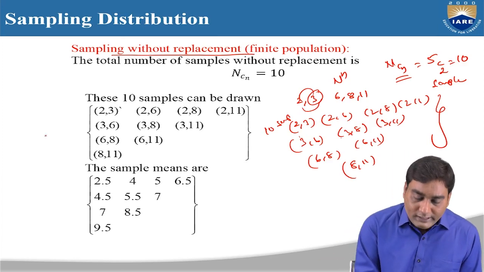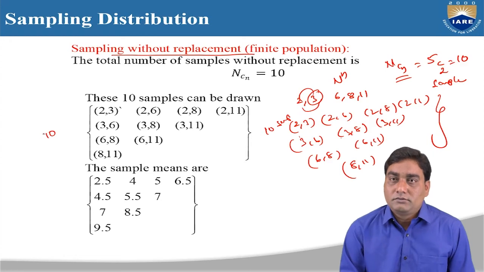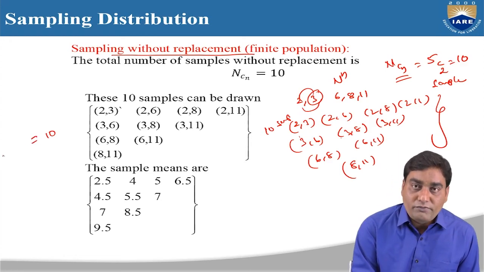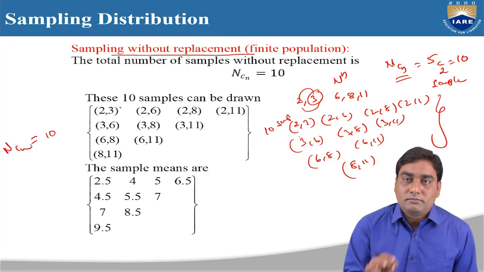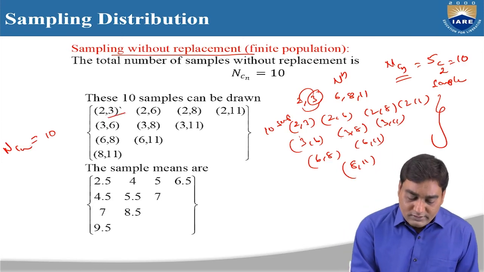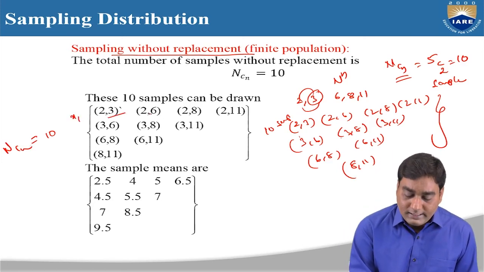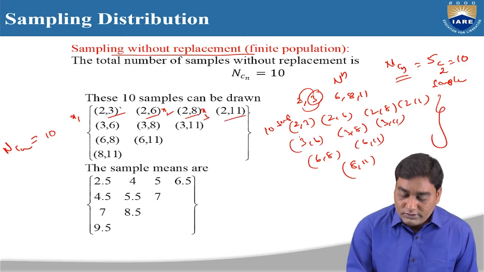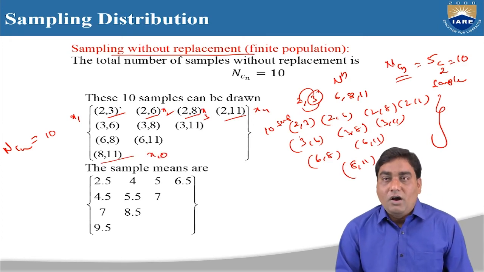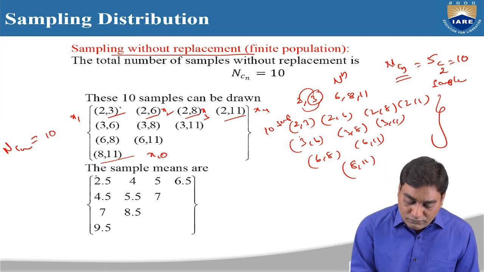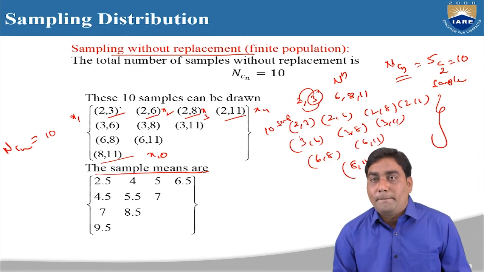So we got 10 samples in total because we used the formula NCn. This is the first sample X1, second sample X2, third sample X3, fourth sample X4 and so on, up to the 10th sample X10. After getting the samples, we should find the mean of all the samples.